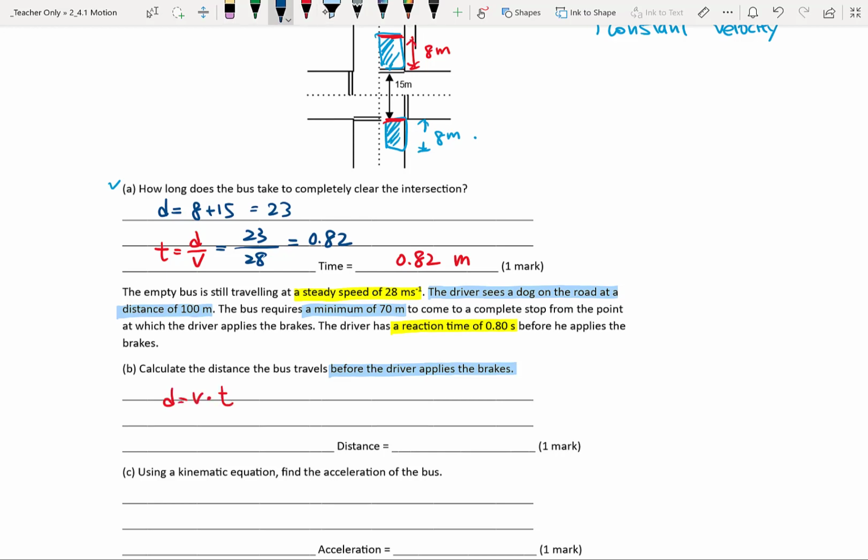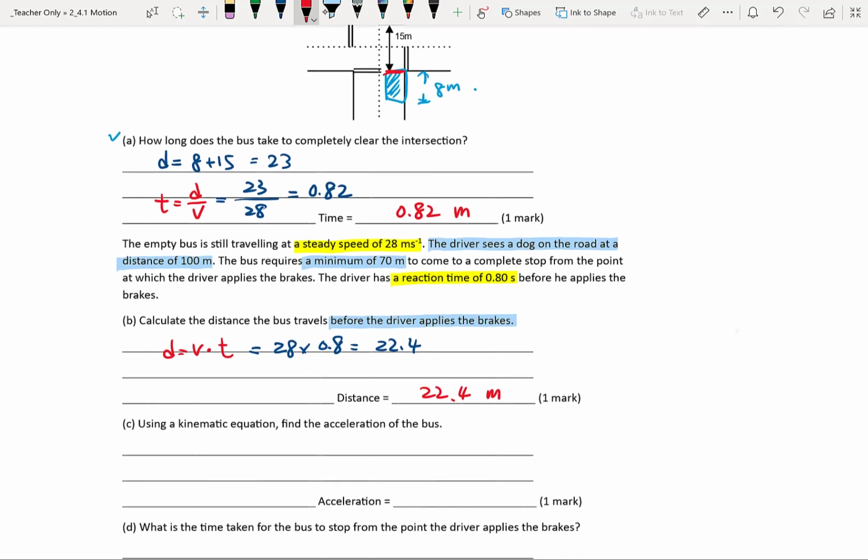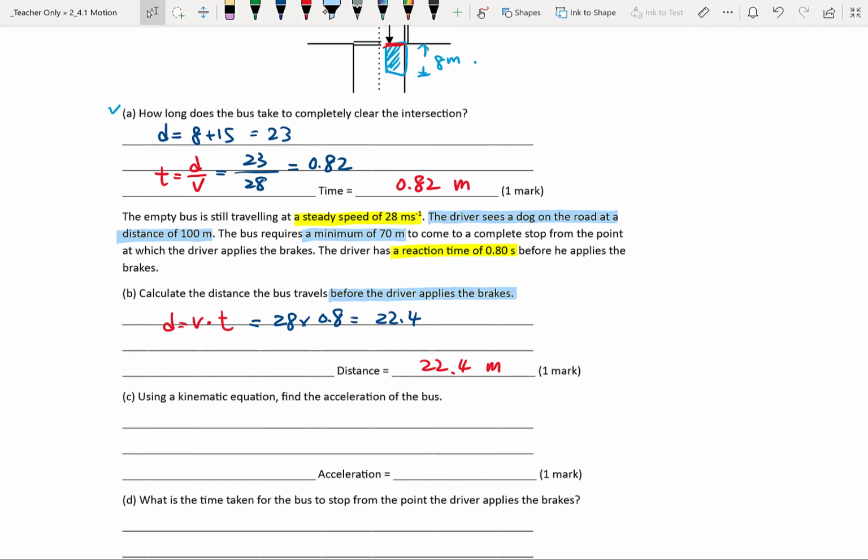The speed or velocity is 28, and it takes the bus 0.8 seconds, so this will be our time. On your calculator, this will be 22.4. So the answer is 22.4 meters. This is a constant velocity question, so don't overthink it.